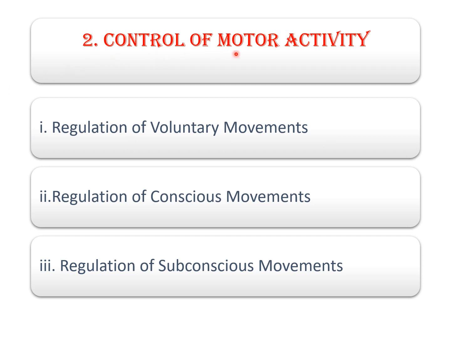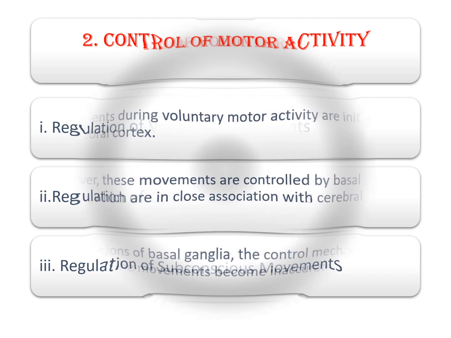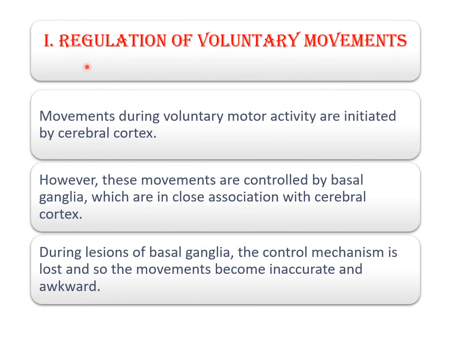Then control of motor activity, in which there is regulation of voluntary movements, regulation of conscious movements and regulation of subconscious movements. First of all, the regulation of voluntary movements.